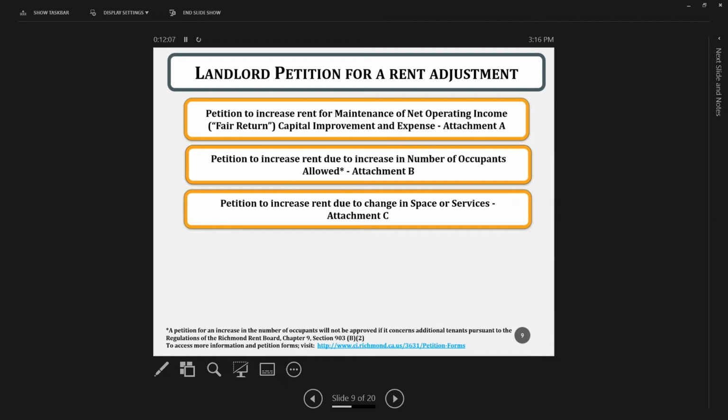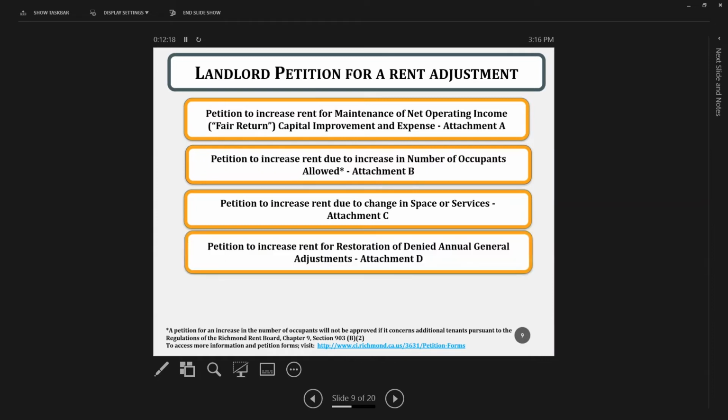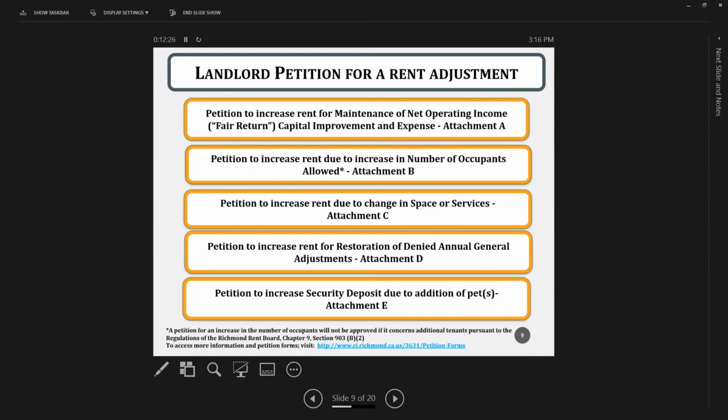For example, a tenant wants an additional parking space that isn't included in the original rent. A landlord can request a reasonable increase. Landlords can also petition to increase rent for restoration of denied annual general adjustments. And finally, a petition to increase the security deposit is available due to additional pets.